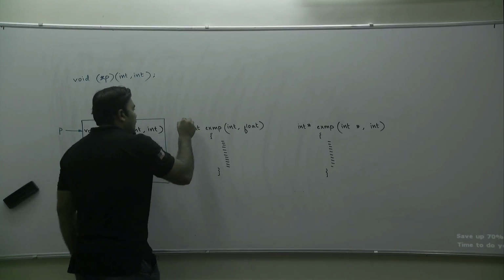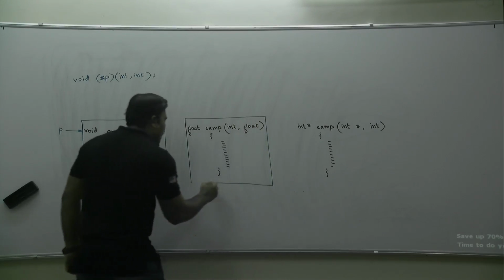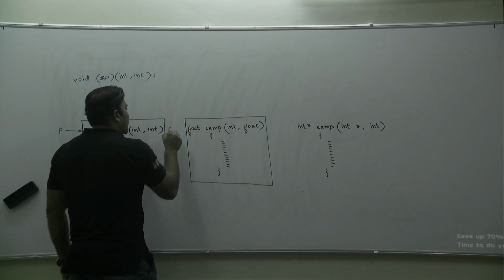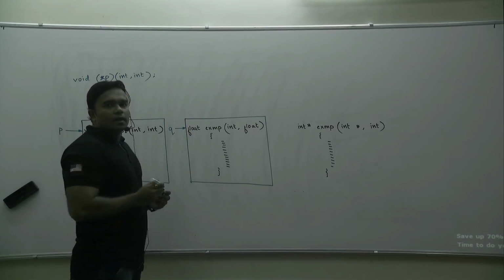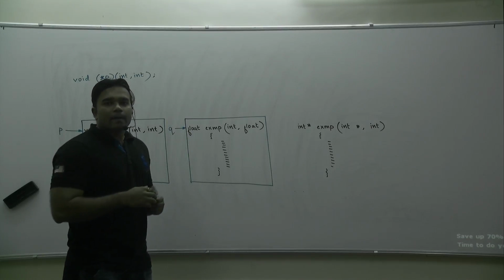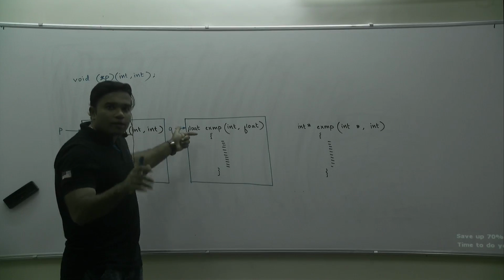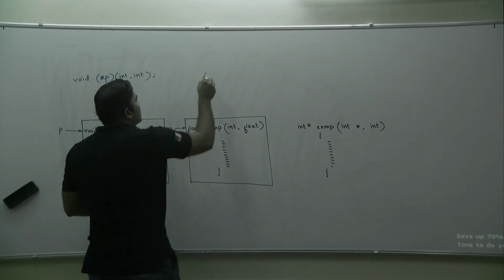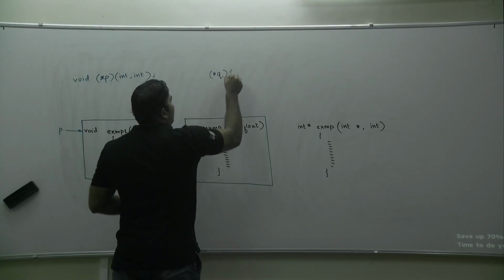Anyway, now this is another function. Say I want to make one pointer q point to this function. I hope you already have an idea how to declare it. Certainly this q is also a pointer to a function only. So q is a pointer to a function.